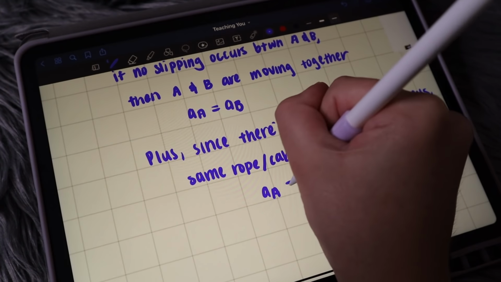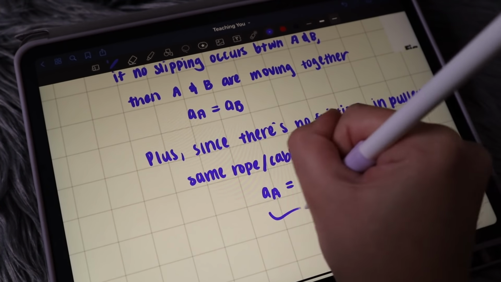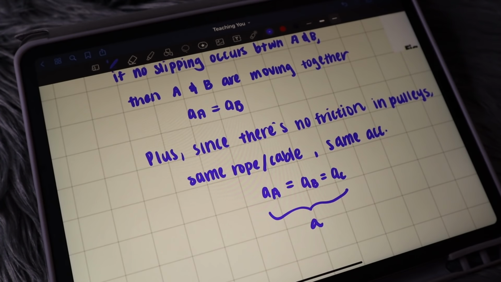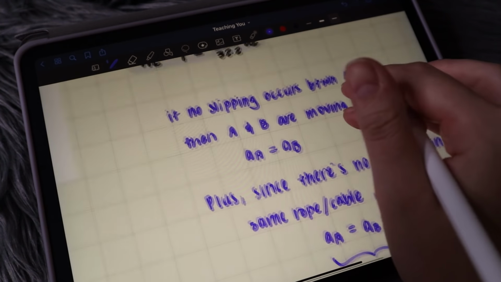So we can just say that these are all equal. And then if you want, we'll just call that a simple A.